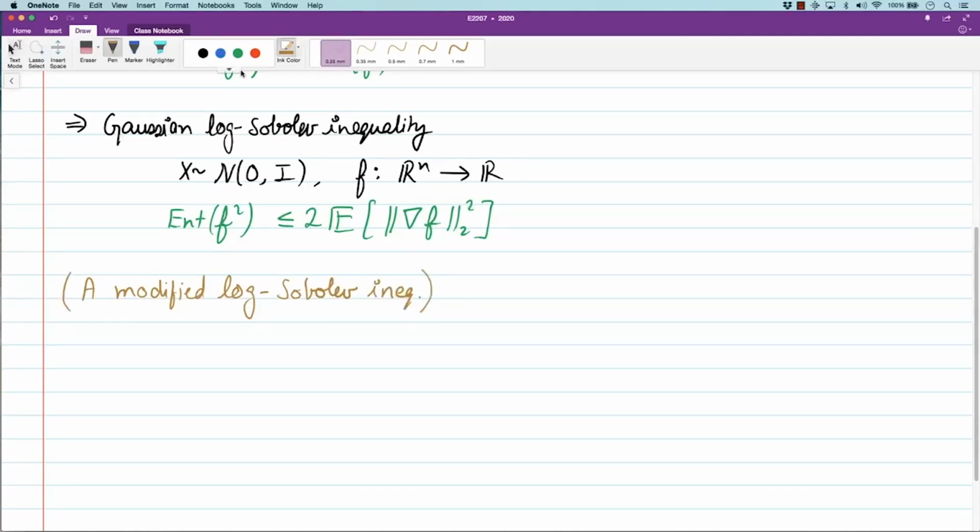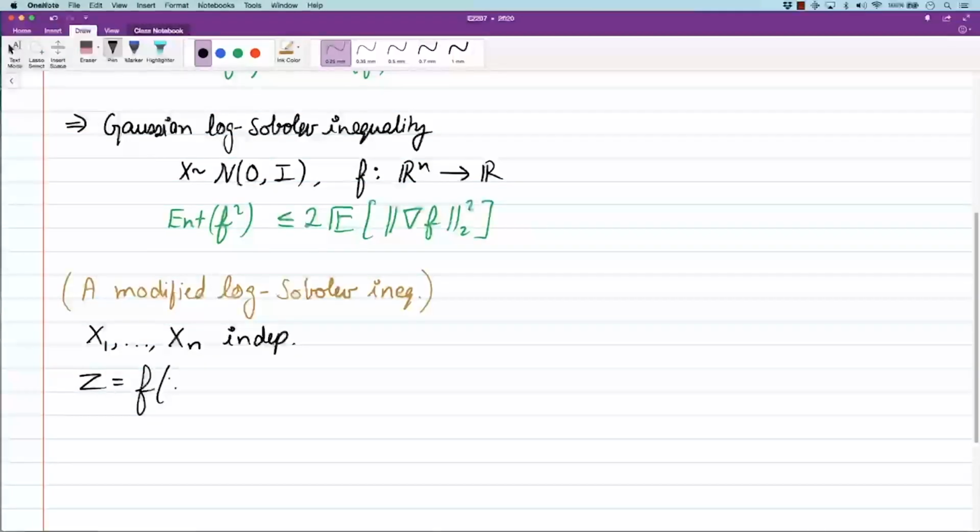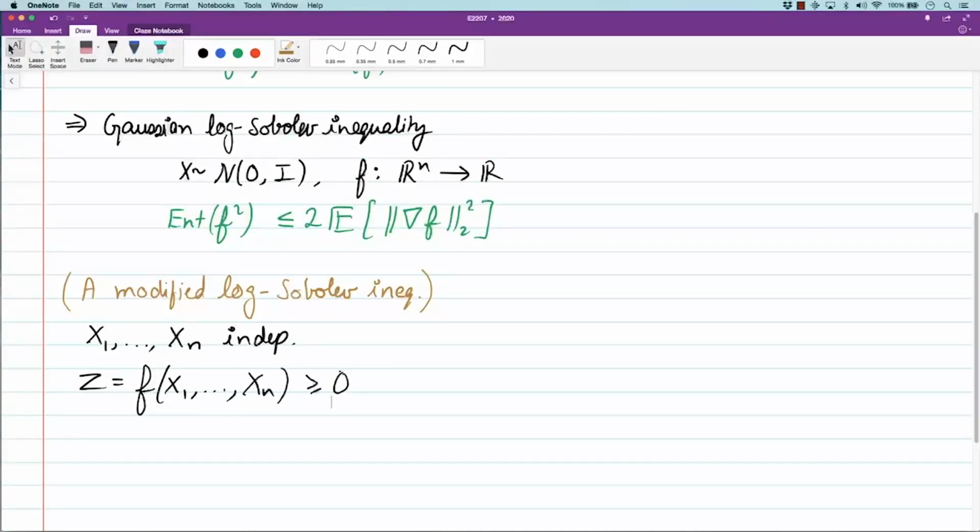Once again we have random variables x1 to xn that are independent, and we have a function f of these n random variables, f of x1 to xn, a non-negative function.